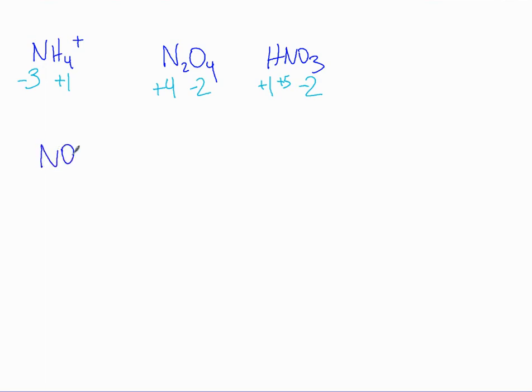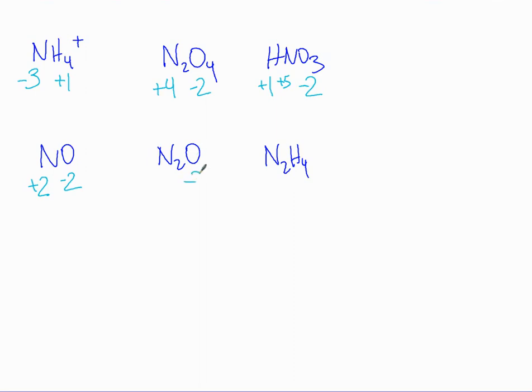We've got nitrogen monoxide, dinitrogen monoxide, and dinitrogen tetrahydride. So for this one, oxygen takes the precedence, it's negative 2. To make all of this equal 0, nitrogen is positive 2.